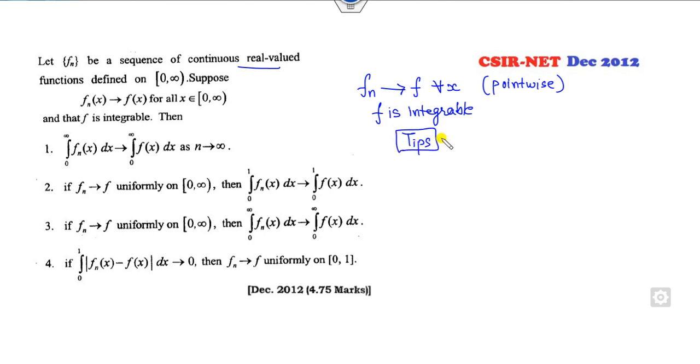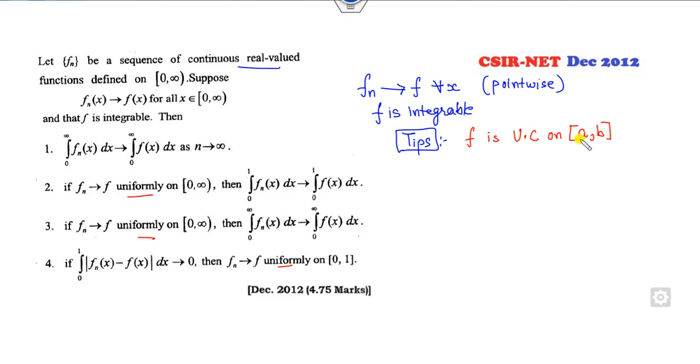As I already told you in my previous question series tips, how can you prove whether this is uniformly convergent or not? f_n converges uniformly on the closed interval a comma b.